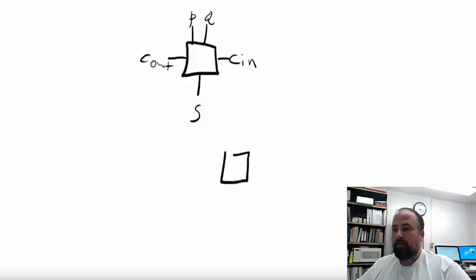So let's stick with that kind of format, and let's say that I have P and I have Q and they're coming in here, and let's say that I'm going to connect this to just 0. 0 is coming in on Cin for this first one, and then we have my sum out, and I have a Cout here.